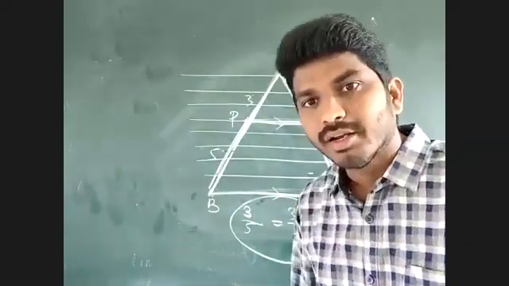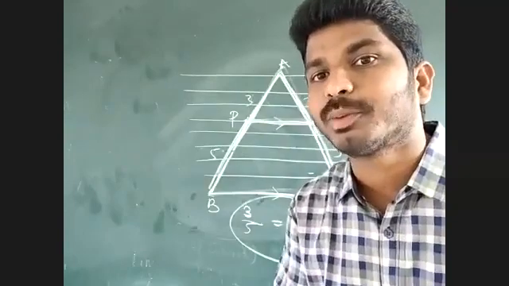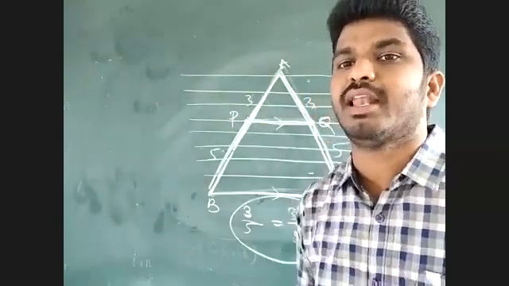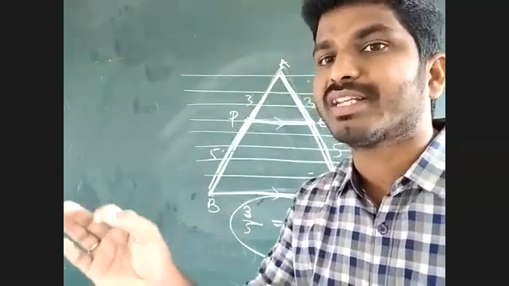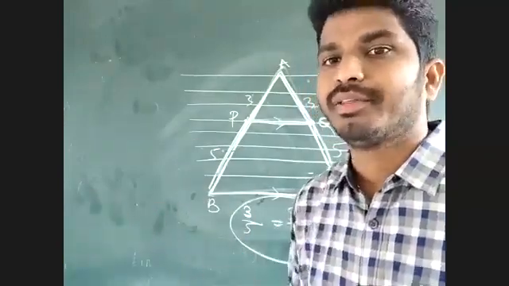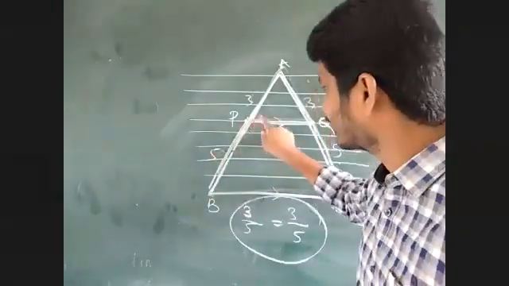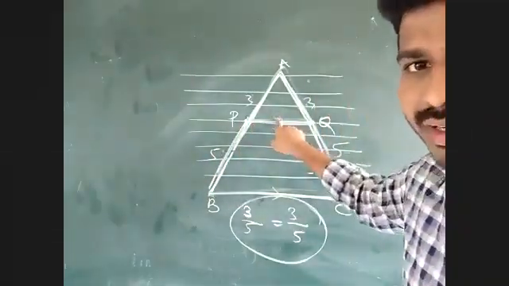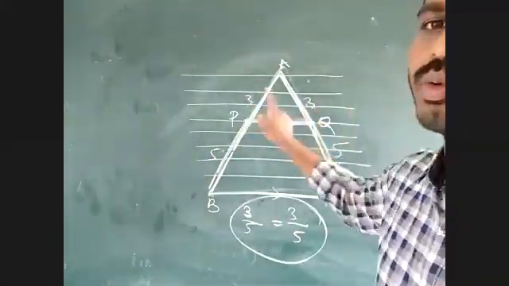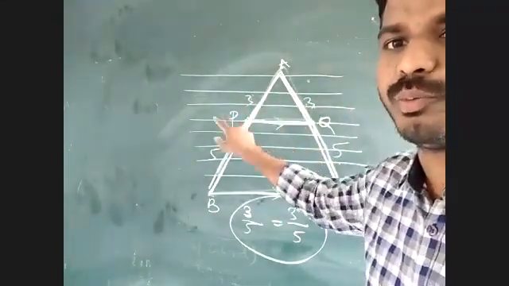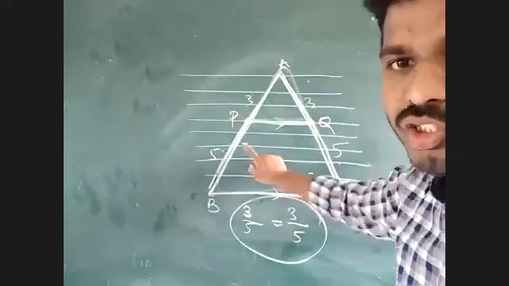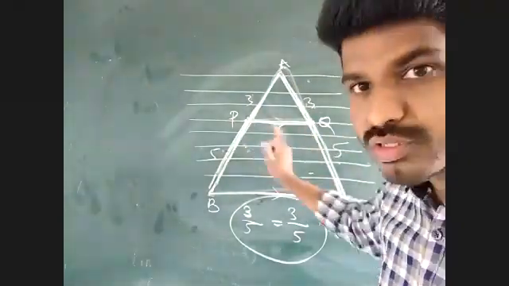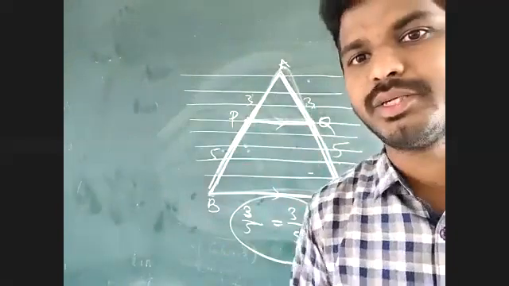If a line is drawn parallel to any one side of a triangle, that line being PQ, then that line divides the other two sides, AB and AC, in the same ratio.